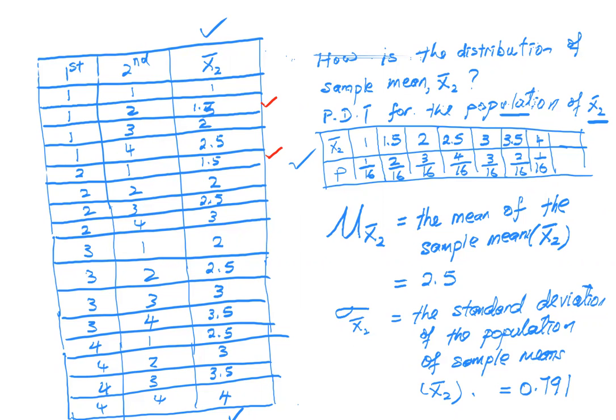So your variable of interest in this case is the mean of each sample. So you take the X bar of each sample. So this is the population of your sample mean here. Are you clear?